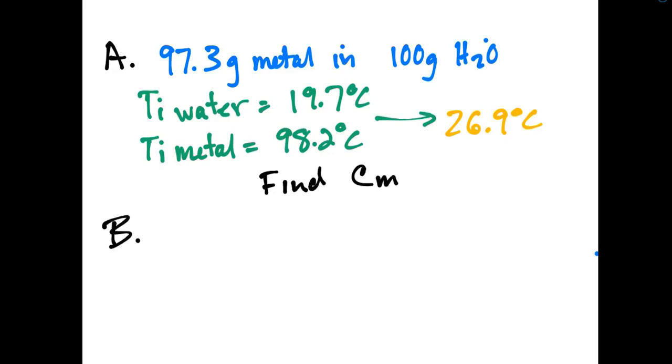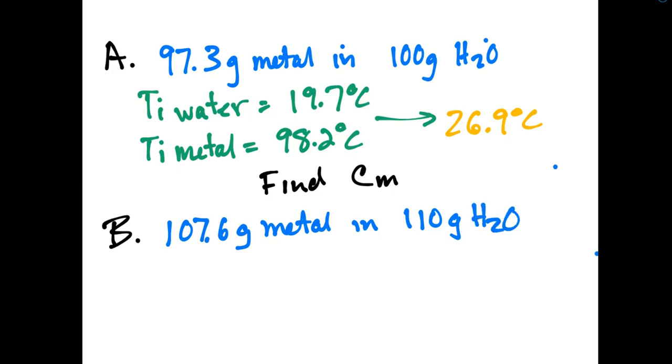Let's do one more. Okay, in this case, we're going to take 107.6 grams of metal in 110 grams of water, just to mix it up a little bit. We'll say that the temperature of the water was pretty cold because it was a Monday morning, 15.3 degrees Celsius.